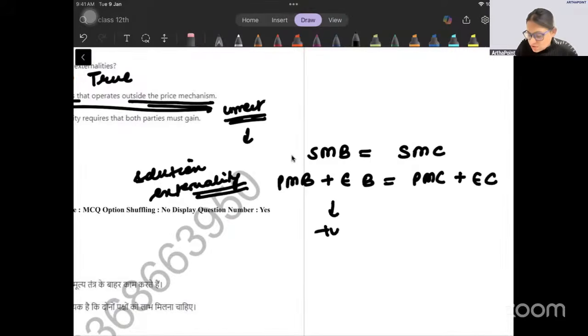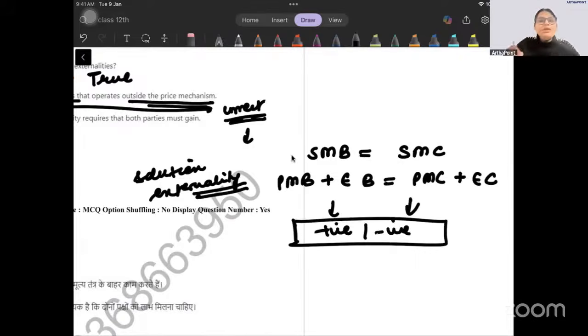Depending on positive or negative externality, both can be handled. अगर पॉजिटिव एक्सटर्नैलिटी होगा तो external cost will be zero, और अगर नेगेटिव एक्सटर्नैलिटी होगा तो external benefit will be zero. So both of these can be very well handled through this one formula. एक ही formula है, but both can be handled.